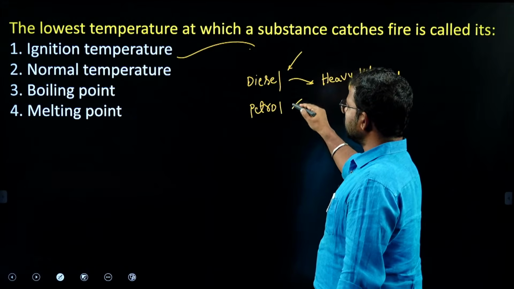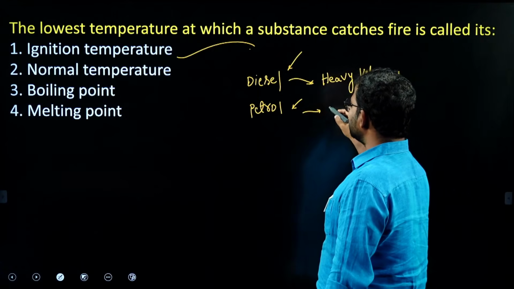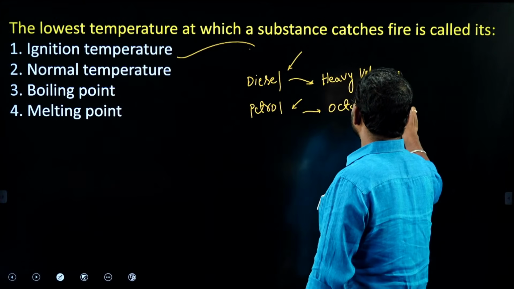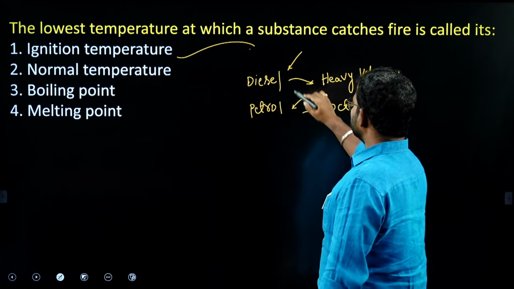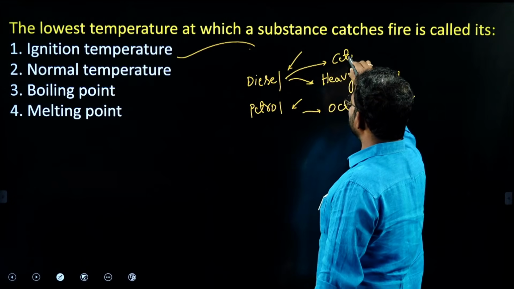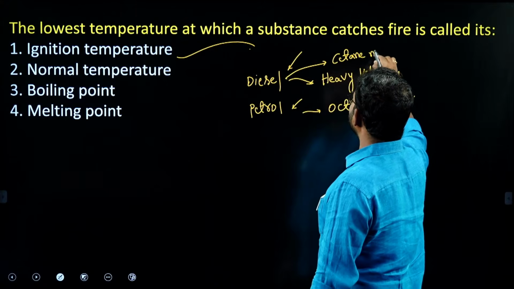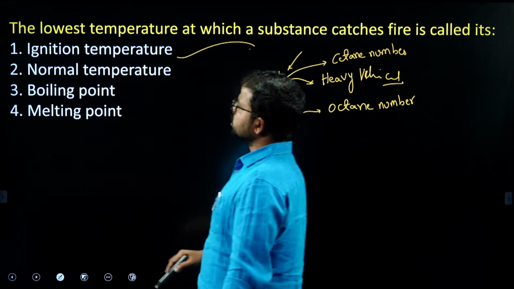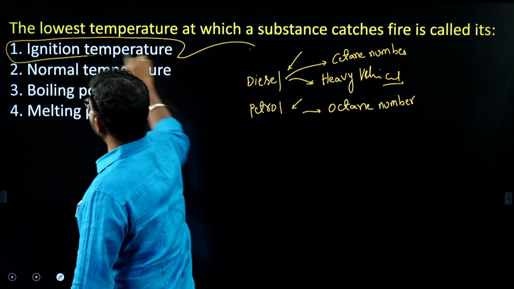What about petrol? Petrol efficiency is indicated in octane number. So it means its energy would be high. What about diesel? Diesel efficiency is indicated in terms of cetane number. Cetane number generally indicates the ignition capability. So that's why option 1 is the correct one.